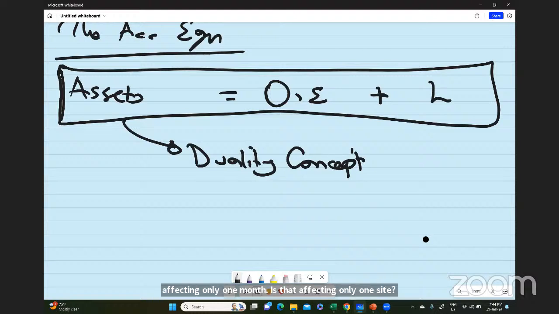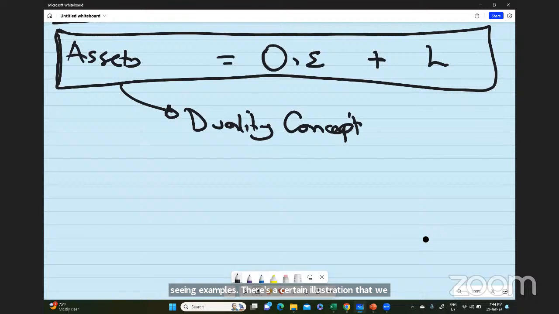Are we together? I think we're going to be seeing examples. There is a certain illustration that we are going to do. If we started our business with capital of 50 million in cash form, then that transaction has a dual effect.